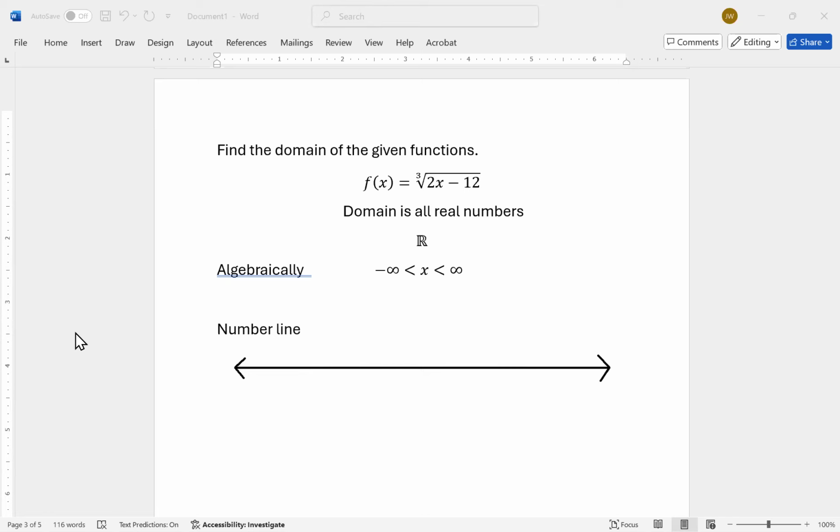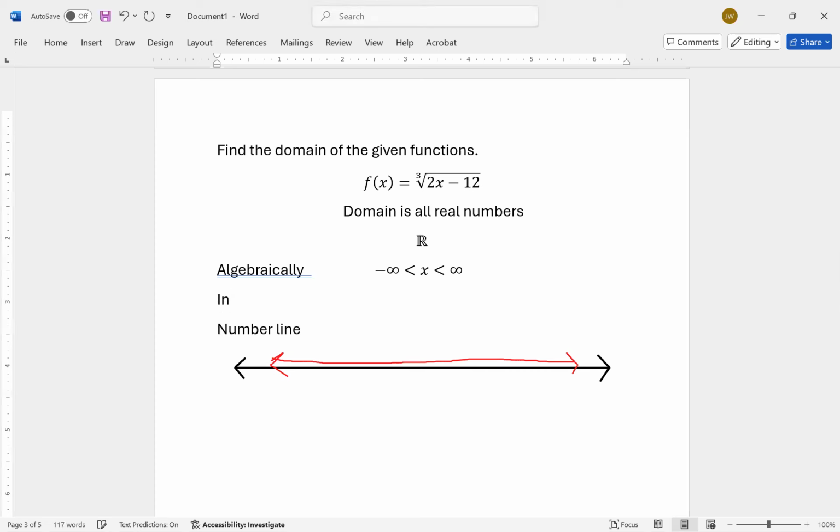Other people would shade this in a less thick manner. But I tend to make this just a single line right on top of the number line and say, well, we go forever to the left and forever to the right. This number line essentially represents the x-axis. So that's the number line notation.